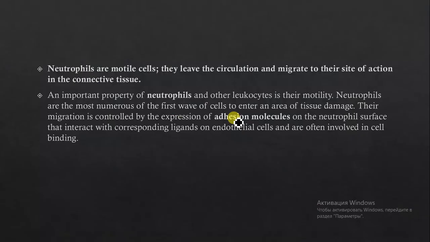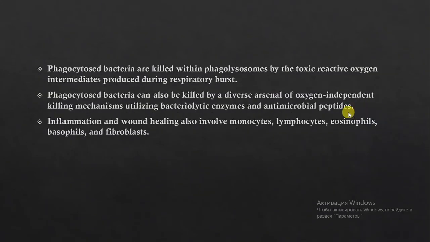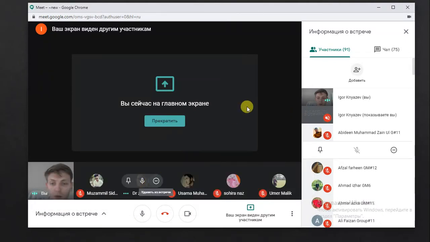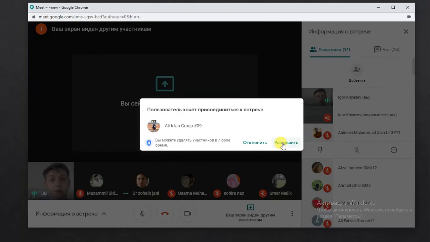So, in sites of inflammation, adhesion molecules allow these leukocytes to enter into the tissues. And okay, that's it. And function of neutrophils is phagocytosis of bacteria, because most of the granules inside the neutrophils are lysosomes.